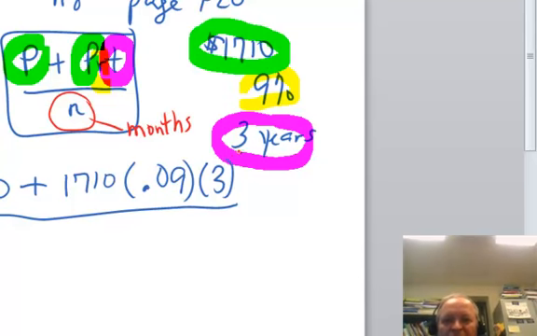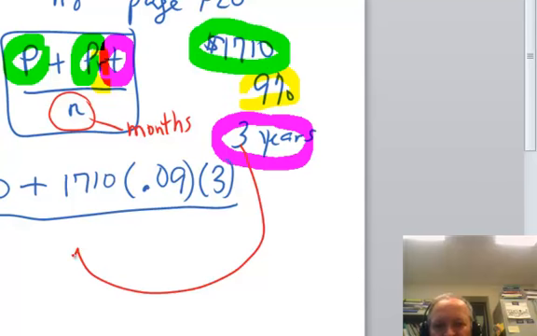So to get the number of months, I have to take that 3 years and put it right here as 3 times 12, which makes that become 36. So I'm going to put a 36 right there. Let me recap.